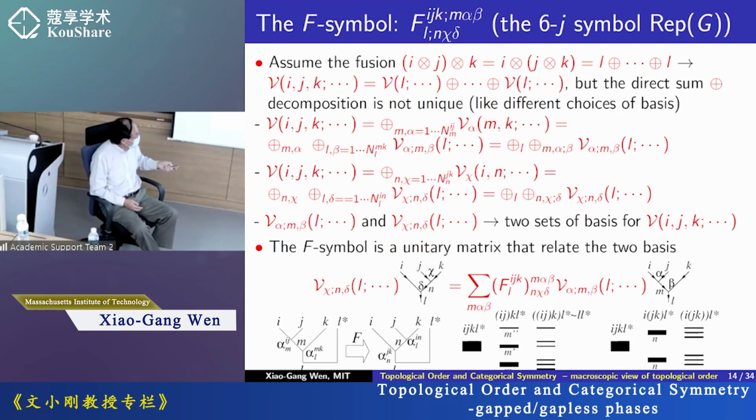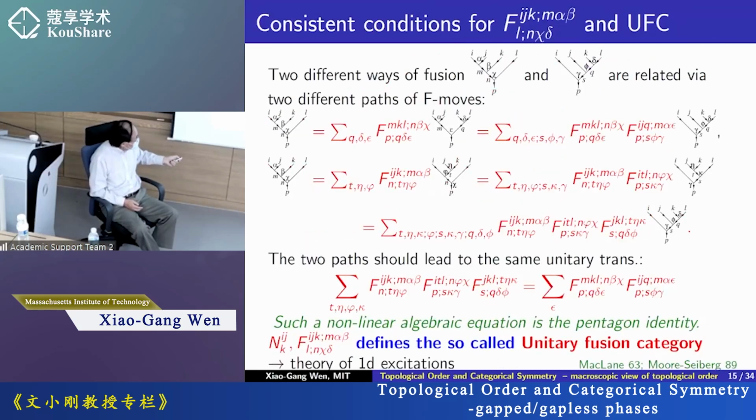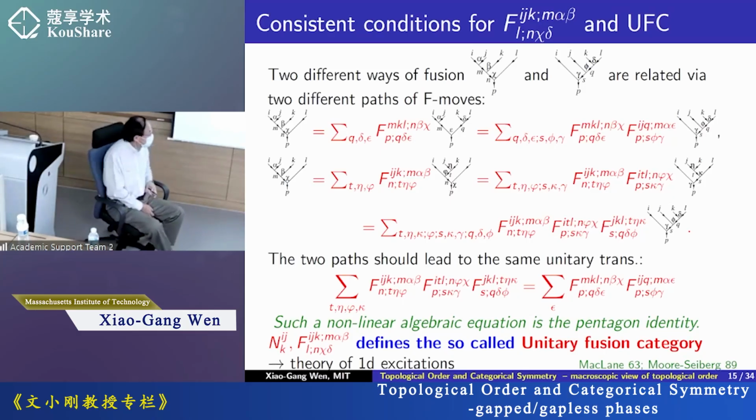So this is why I say this kind of fusion category theory is actually a theory to describe one-dimensional excitation. And I hope including all the data for the one-dimensional representation is a complete description of a one-dimensional excitation. No additional data is needed. So this became really exciting.